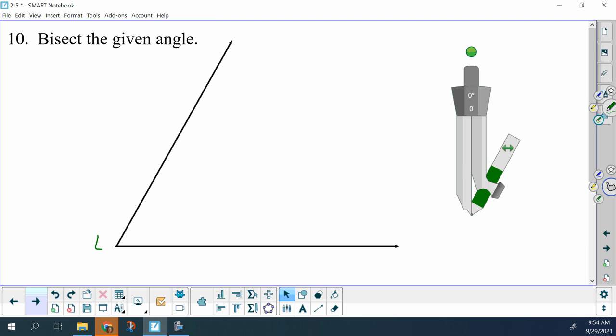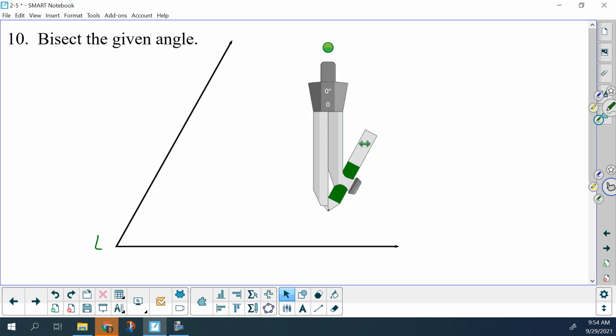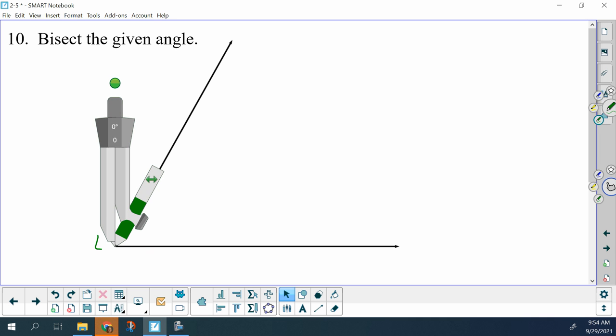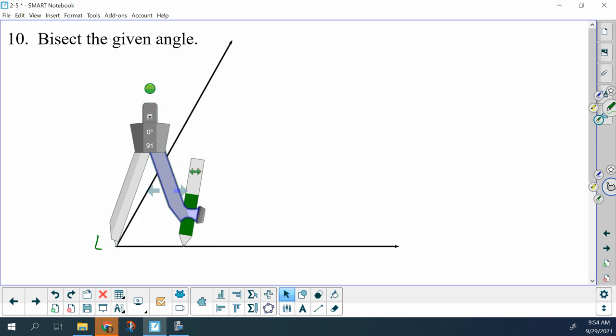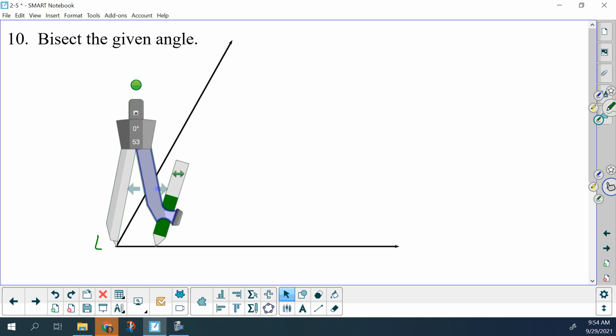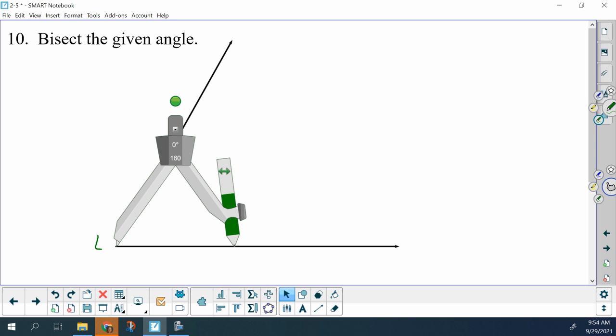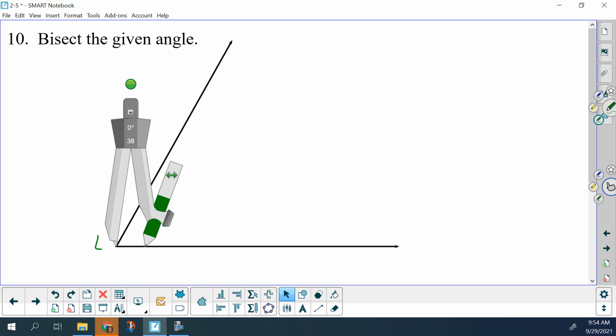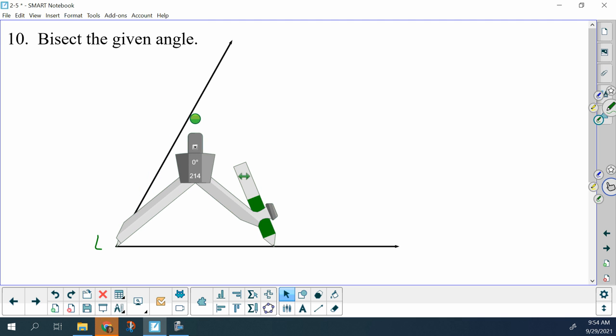Sorry. Just do L. I'm following along with what it says. Okay, go ahead and make that arc. How big do you have to open it up? Doesn't matter. Just don't make it too small and awkward. If I try to go like this, it's comfortable. So fine.